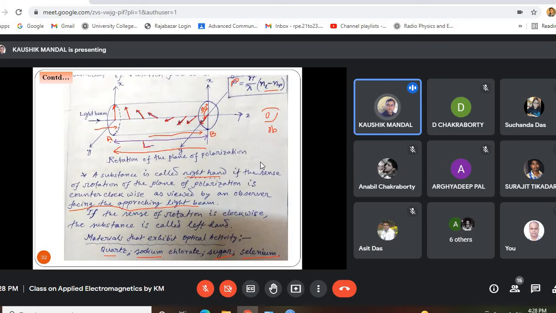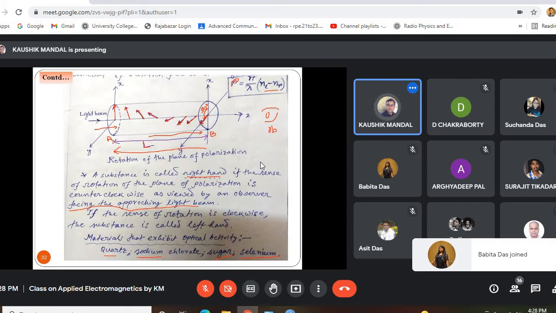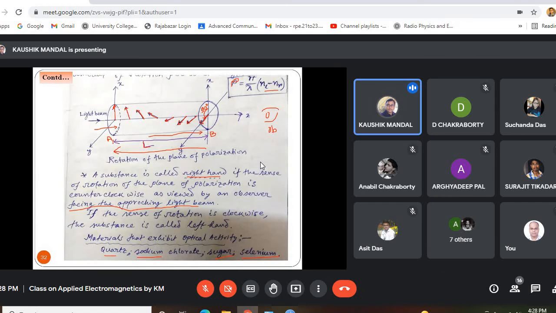I am asking about the net rotation. So net rotation will be 0. You can think the wave starts to propagate from this point and it is reflected from this point, and after reflection it goes to the starting point. So what should be the net rotation? The net rotation will be 0 because there is a specific relation between the amount of rotation and the direction of propagation.